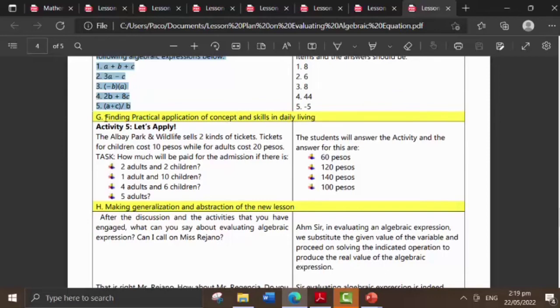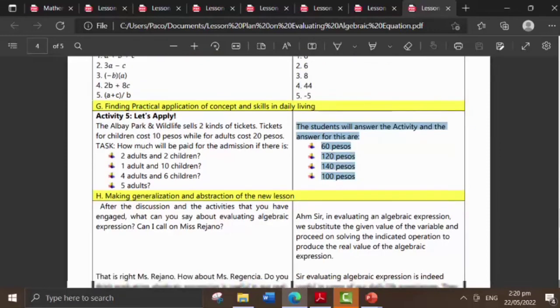So the activities that we put here should be related to real life situations. We can put some problem solving activities here, such as the Ocean Park and wildlife sales of tickets for the topic evaluating algebraic expressions. In the same manner, we should put here the answers or possible answers that the students should come up with for solving this problem.